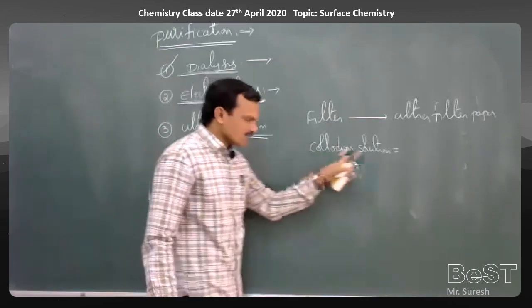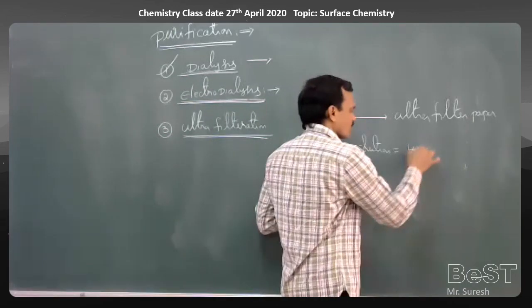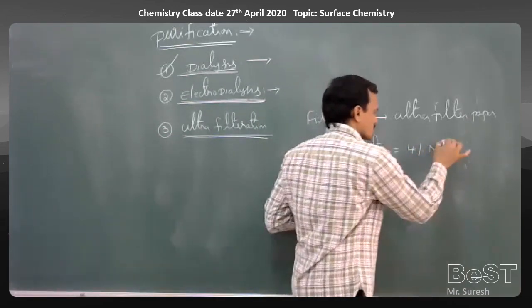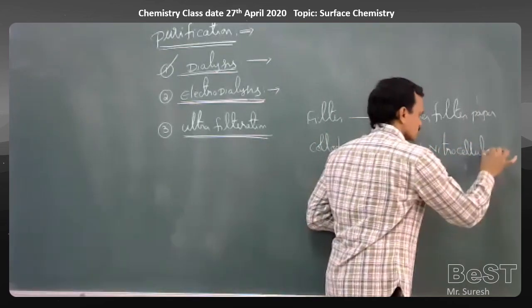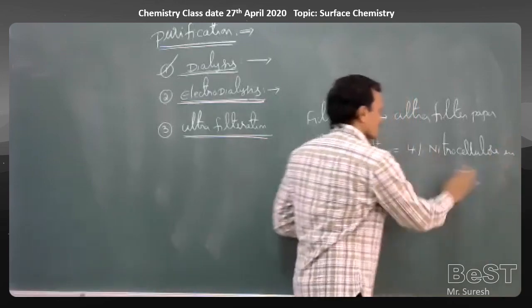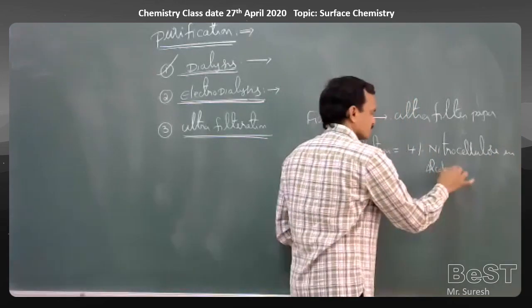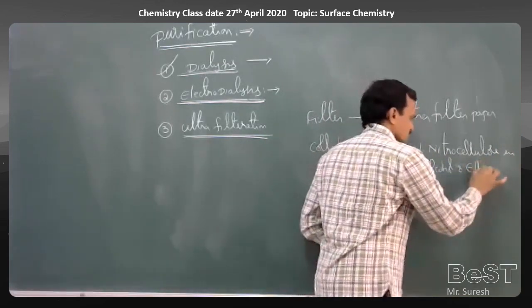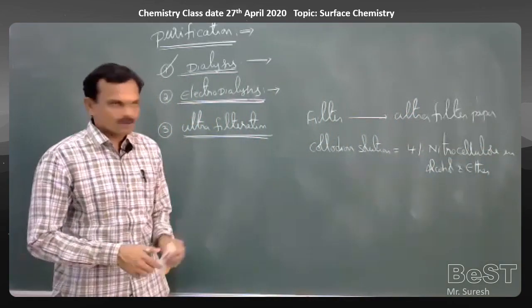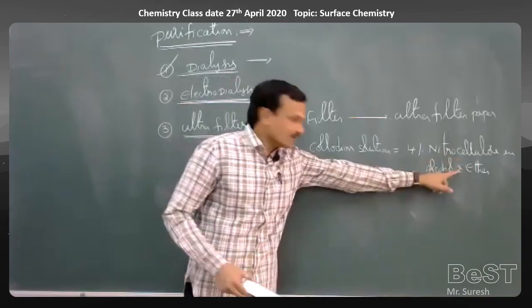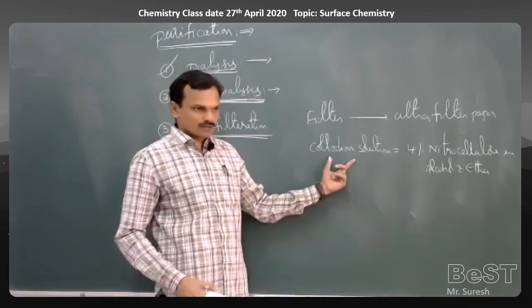Collodion solution is nothing but 4% nitrocellulose in a mixture of alcohol and ether. A 4% nitrocellulose solution in a mixture of alcohol and ether is called collodion solution.